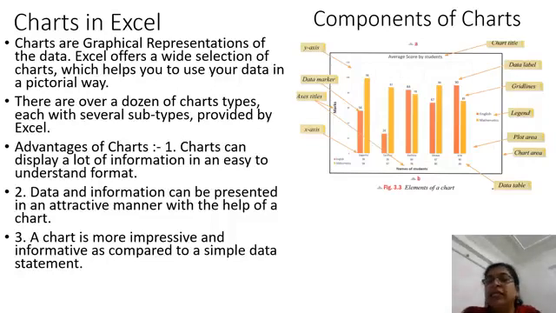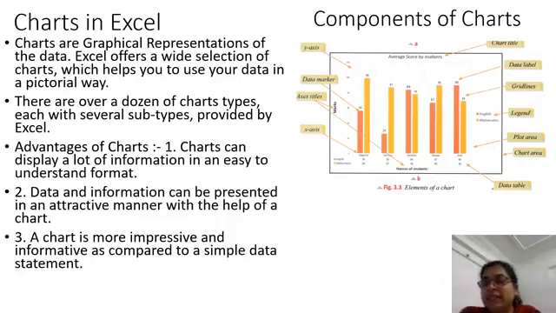Components of charts. See here, a sample chart is shown and there are so many names written beside it. That is the X and Y axis. For these axes, we can give axis titles. Then data markers, which show the actual data. These colorful bars are the data markers. Then we can give a chart title. Data labels mean the actual data values are shown here.